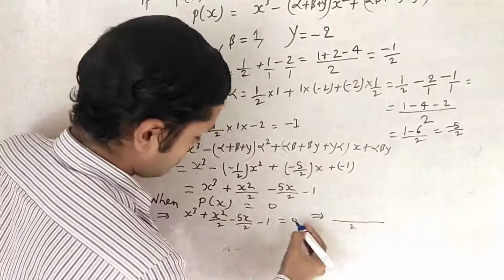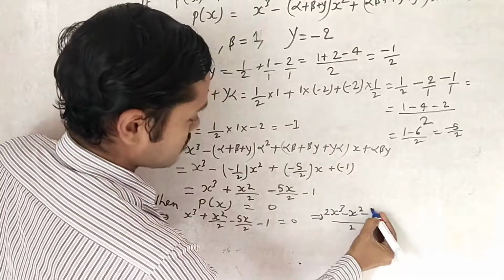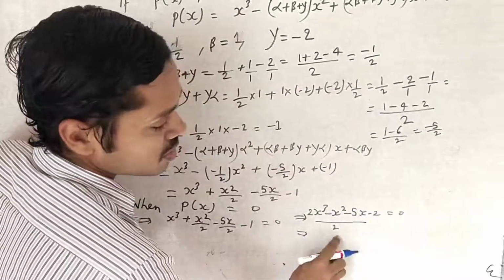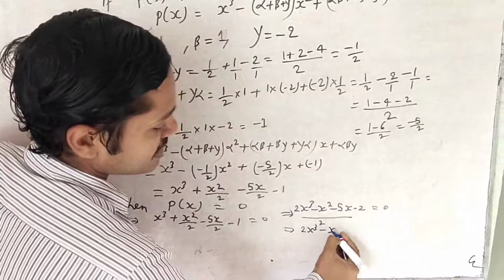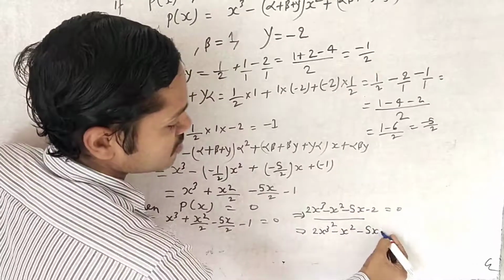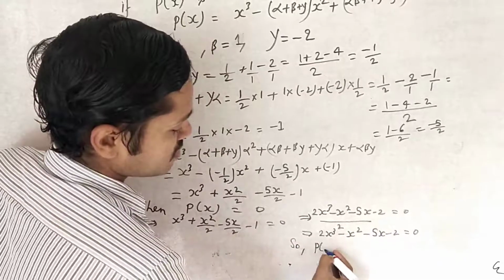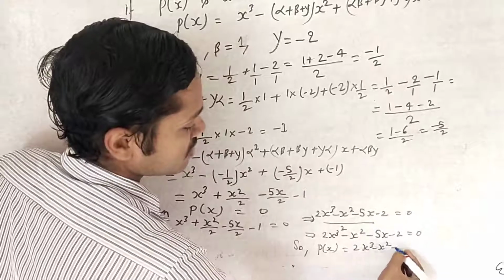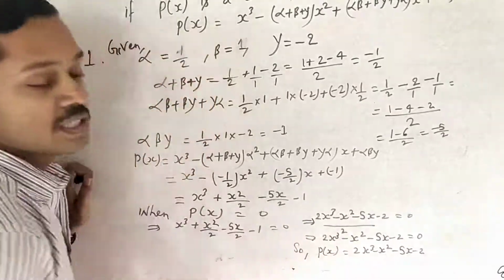LCM is 2x cube minus x square minus 5x minus 2 is equal to 0. Now 2 goes there and becomes 0. So p(x) equal to 2x cube minus x square minus 5x minus 2. This is the question.